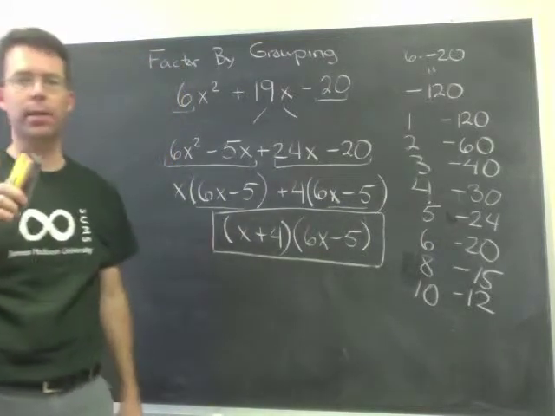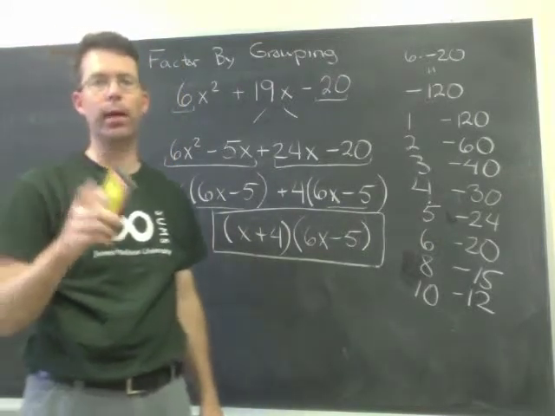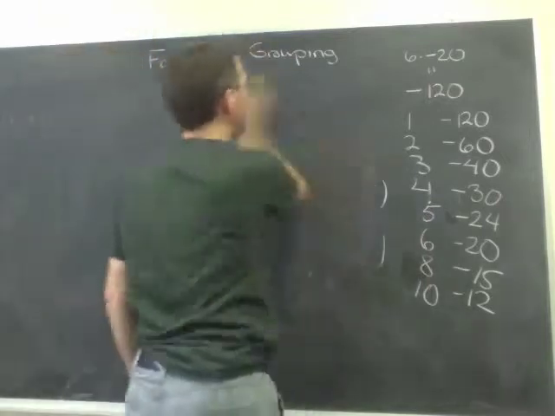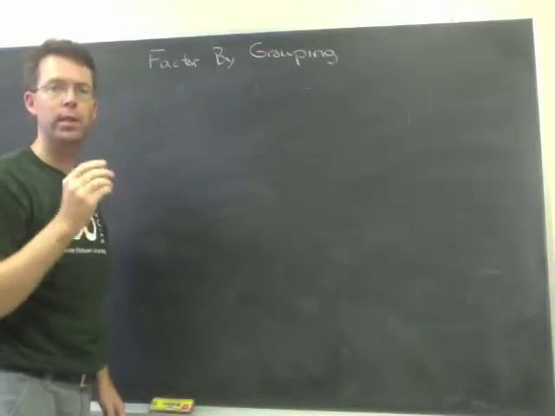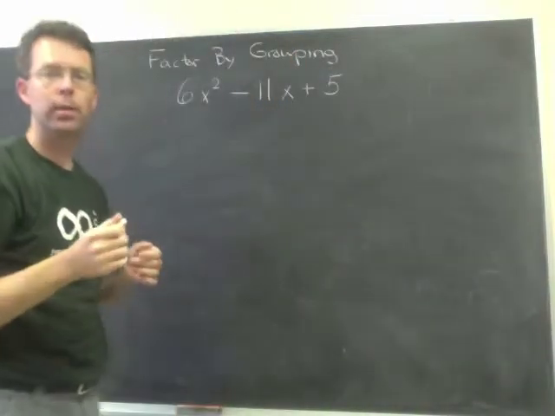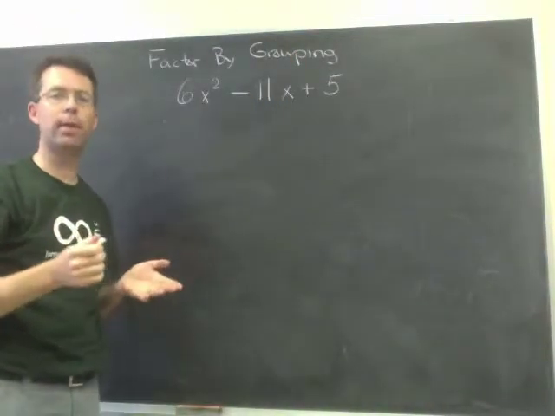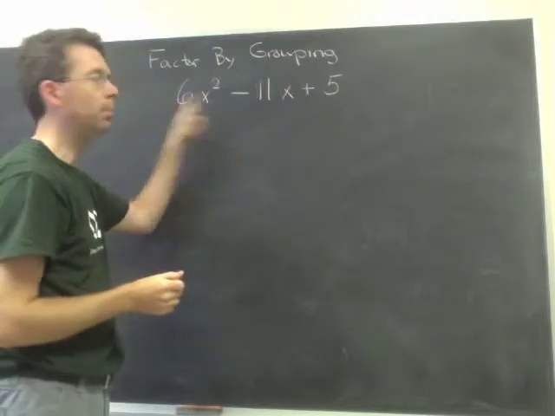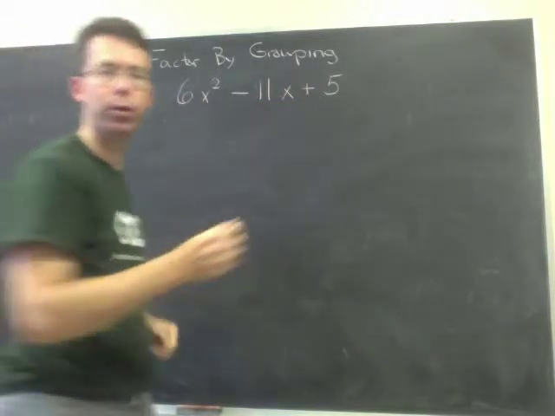Now I just realized there's a special case that I didn't take into account. So let me show you. Consider the following example. 6x squared minus 11x plus 5. If I take my leading term and my constant term, I get the value 30.